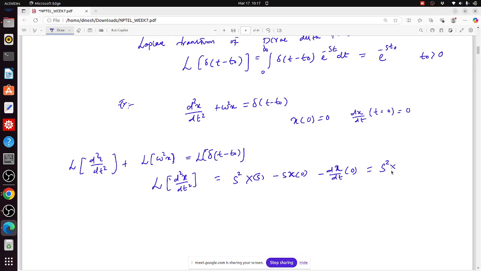After substituting the initial conditions, we get s square X(s).